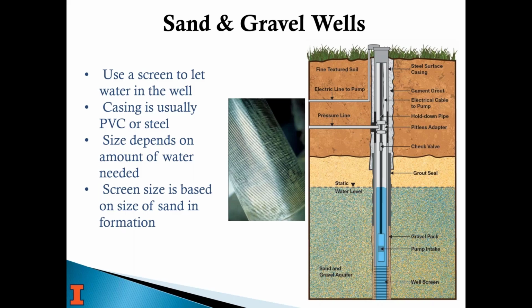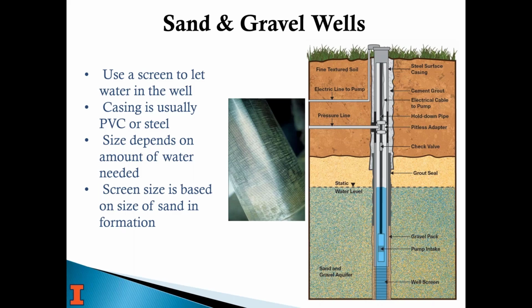They collect samples of the sand and gravel material as it comes up around the drill rod, and then they know how fine the sand might be, and so you size the screen to try to keep sand from getting into the well.